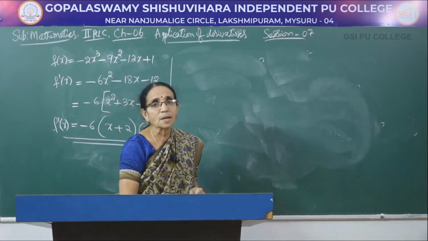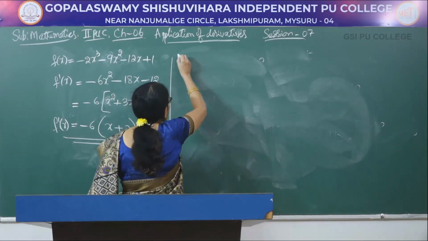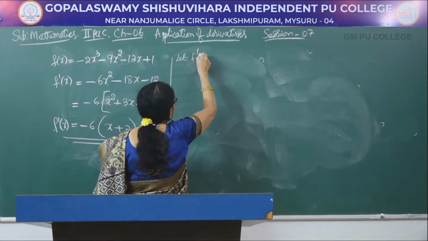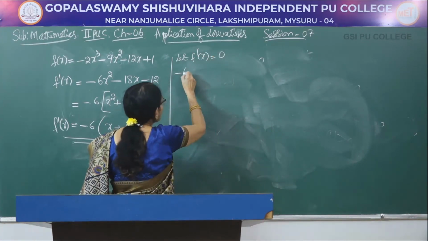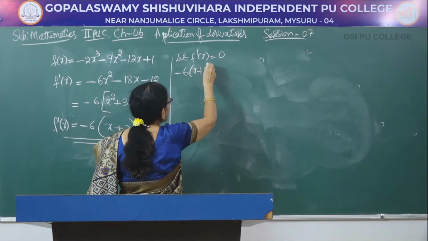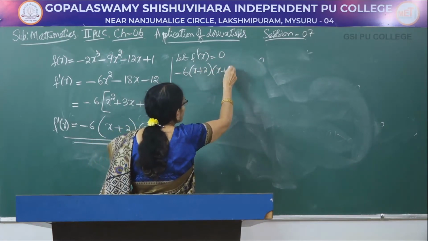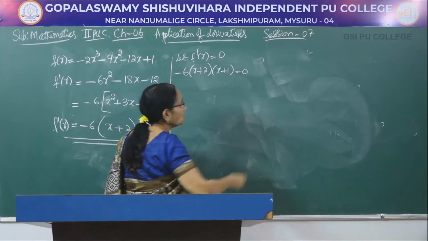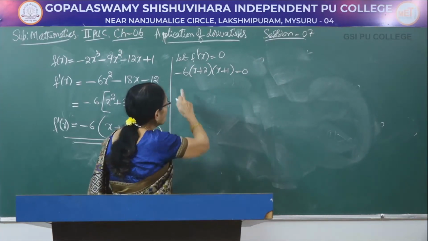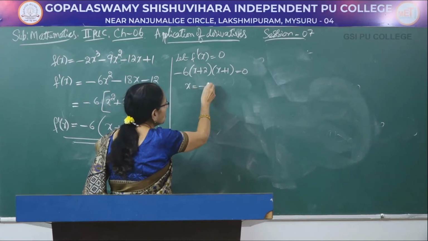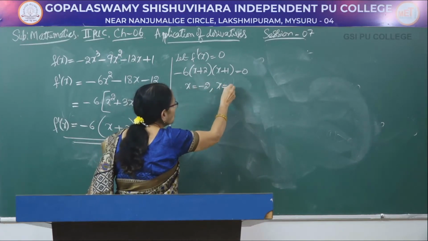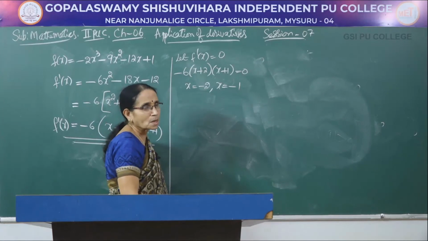Now, to find the intervals here, as usual, let me equate the first derivative to 0. That is minus 6 into x plus 2 into x plus 1 is equal to 0. Now, minus 6 cannot be 0. Equating the other two to 0, we get x equals minus 2 and x equals minus 1, correct?